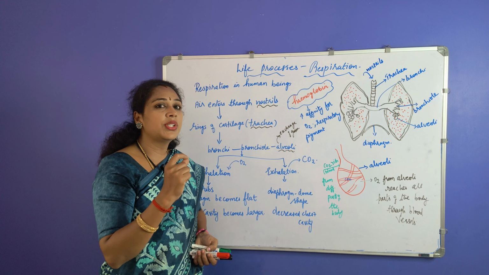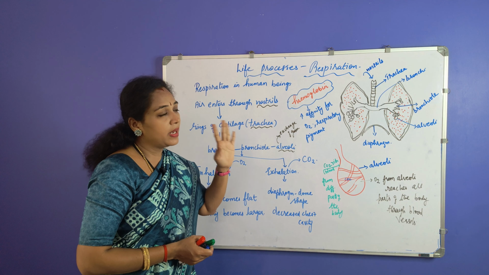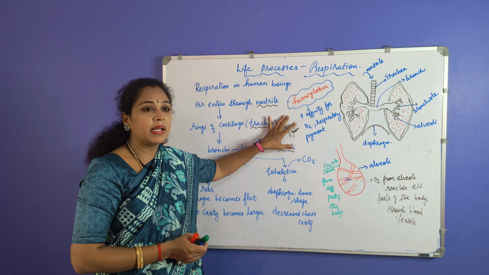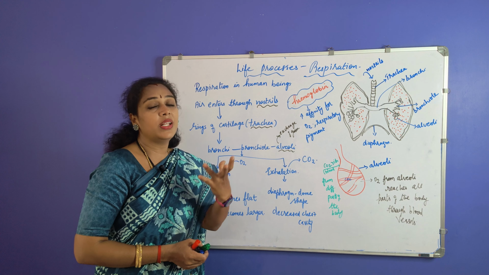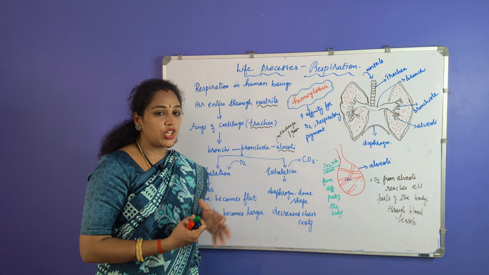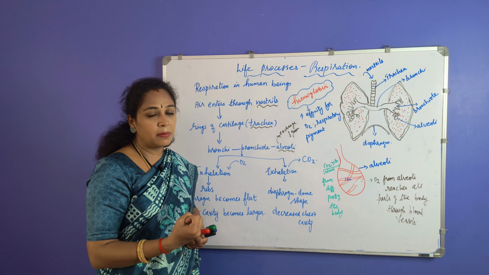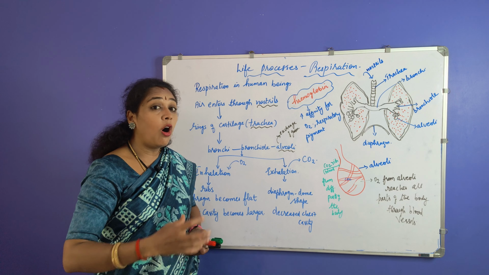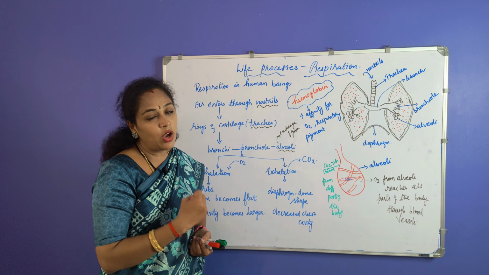So an important role is played by the respiratory pigment called hemoglobin, which is present in the RBC and has high affinity. Affinity means attachment or attraction towards oxygen, and thereby this hemoglobin will attach to the oxygen and supply it to all the cells which are deficient in oxygen.